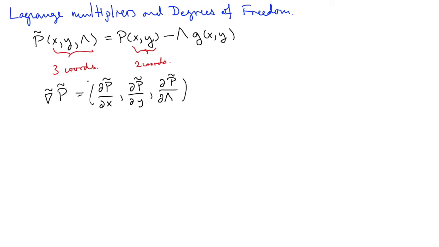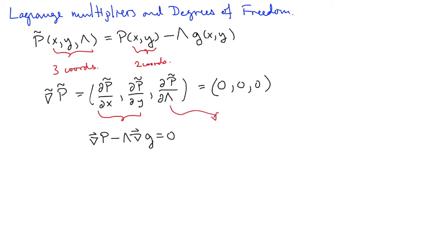And what do these look like? Well, let's look at these first 2 equations. These first 2 equations are just what we had before: the gradient of p minus lambda times the gradient of g equals 0. All of these have to be 0, right? So 0, 0, 0. And this last equation is just minus g of x and y is equal to 0 as our constraint.